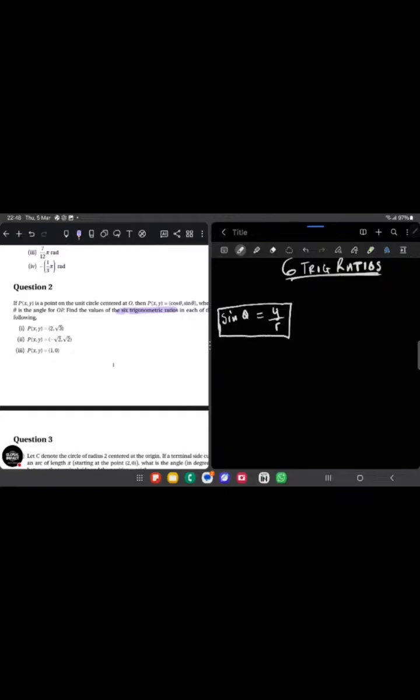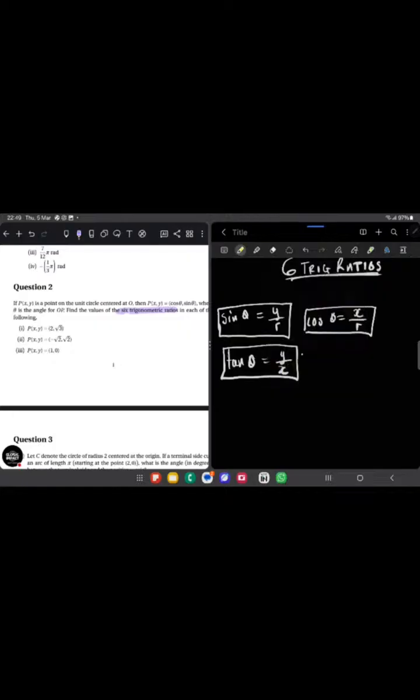Remember that cos theta is equal to x over r. You should also remember that tan theta is y over x. You must remember that, okay? Can you see that? Tan theta is y over x.